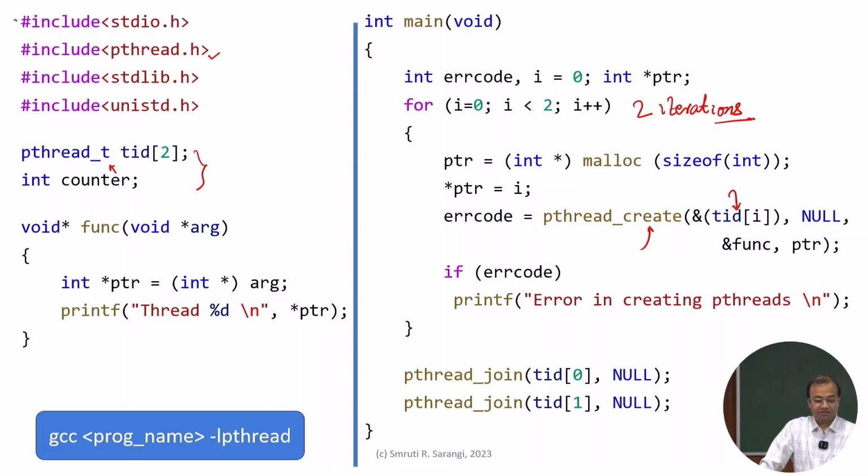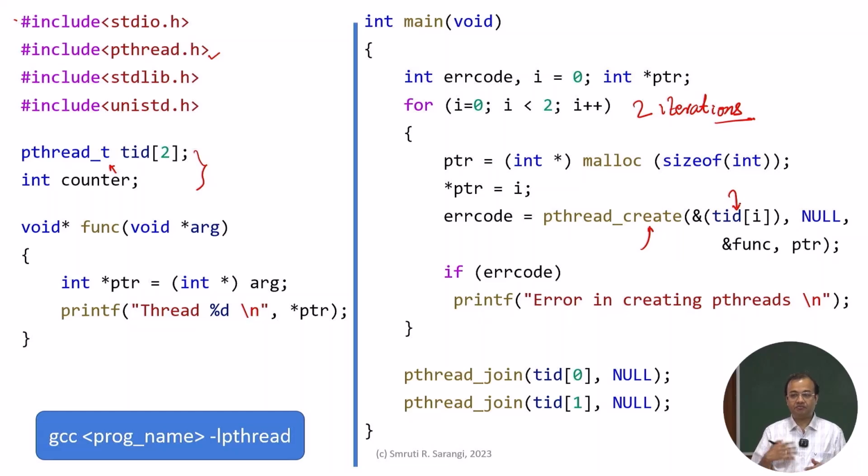Then I provide a function pointer. Pthreads take a standardized function. The function they execute is void star func(void star), which means you can pass as an argument a pointer to anything, and it will return a pointer to anything. This is as flexible as things can get: anything you want, you put in a structure and send a pointer to it, and anything it wants to return, it will put in a structure and send a pointer back.